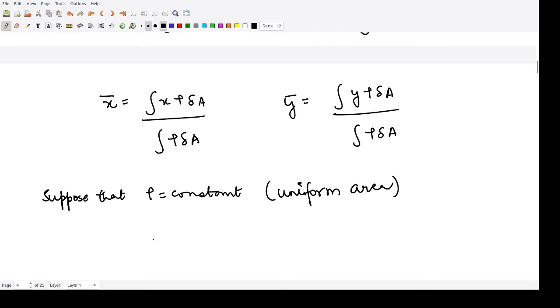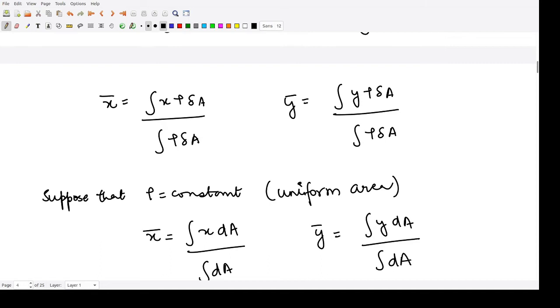So in that particular case, your x bar would simply be integration x delta A divided by integration delta A. So this delta would also change to dA. Why? Because now we can take a little more portion out of this dA. And what would be this y bar? This would be integration y dA divided by integration dA. So this is the formula that we have now.